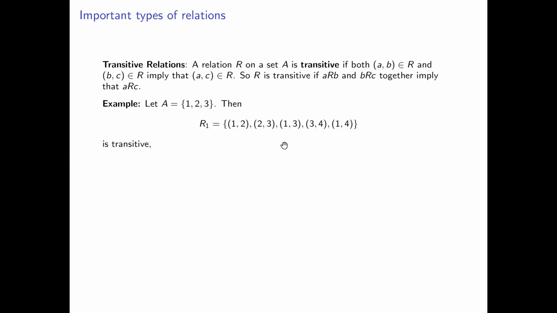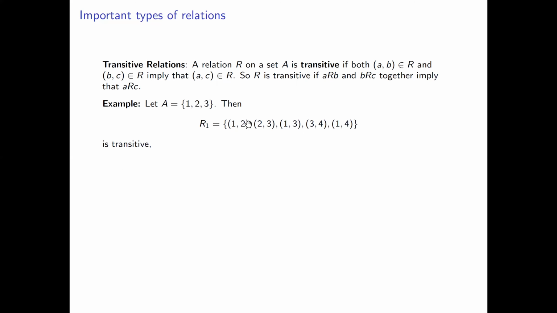And so finally, let me just do one final example of a transitive relation. In this case, there's another typo here. A should be {1, 2, 3, 4}, not just {1, 2, 3}. Let me call my relation R1 to be the relation I've listed out here. Well, you can check that this is transitive. For example, here I have the ordered pair (1, 2), and here I have the ordered pair (2, 3).